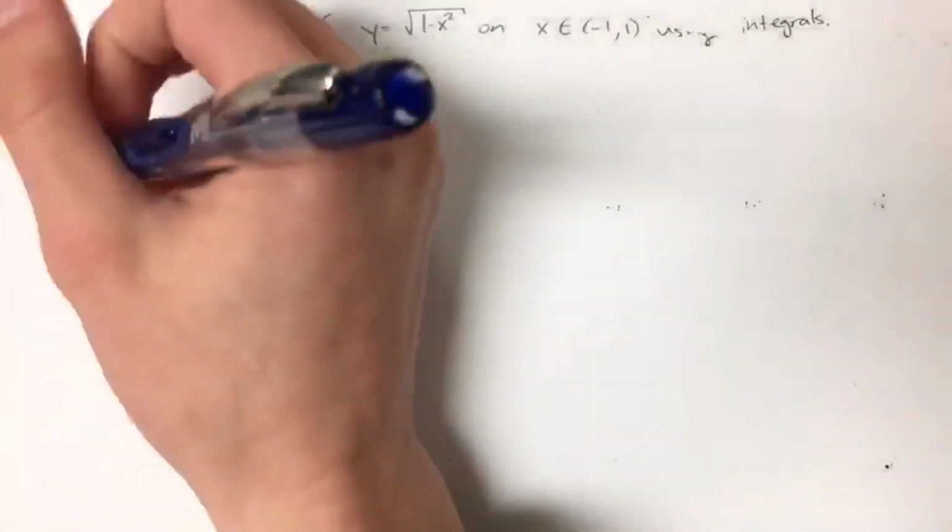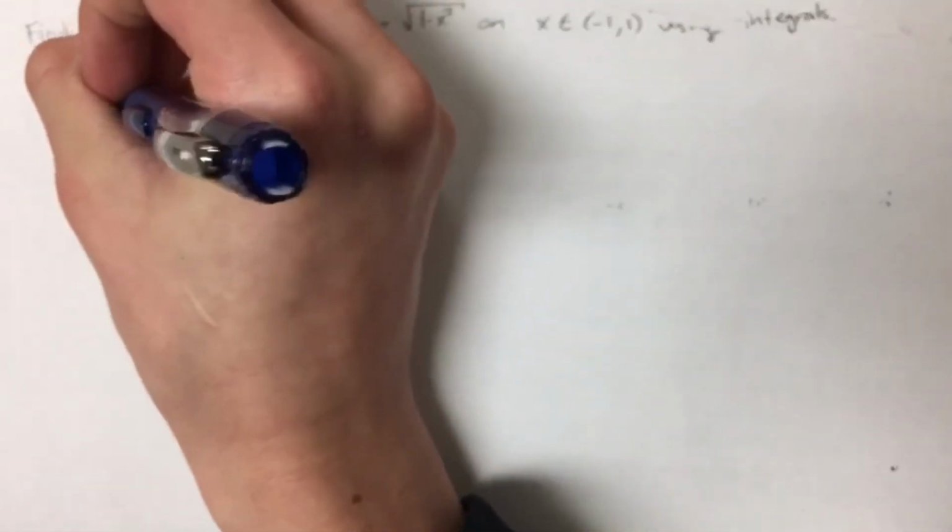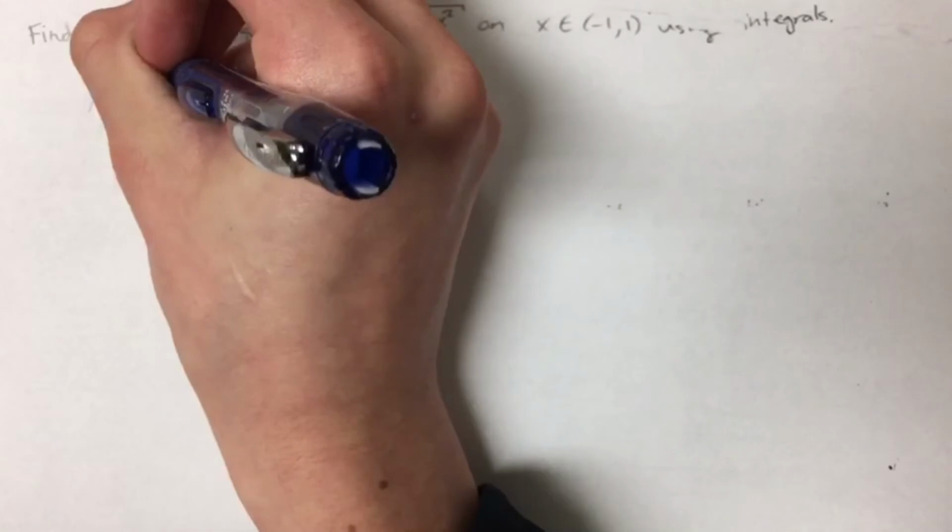First, we must realize that this is an arc length problem with the integral of the square root of 1 plus dy dx squared.